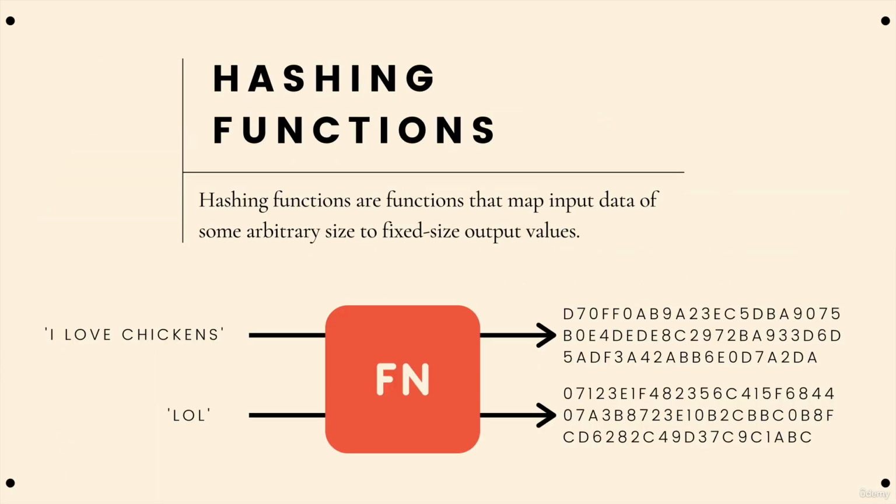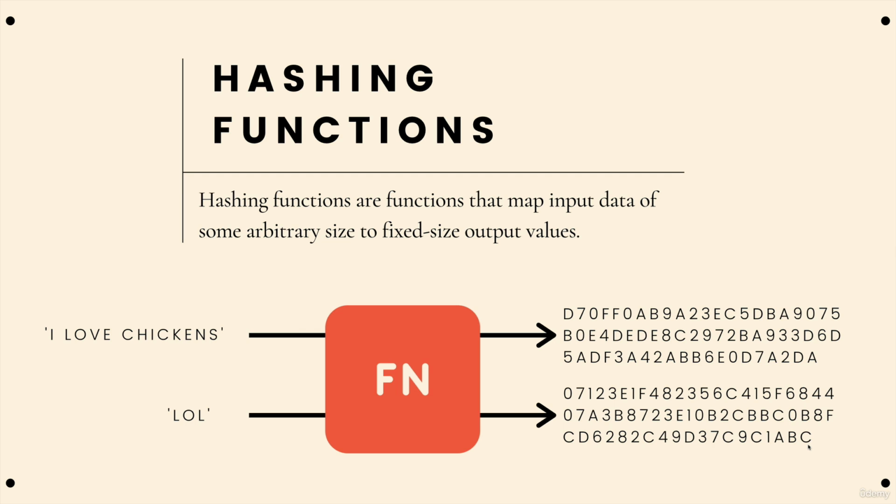Well, they're the output of something called a hashing function. Hashing functions are a family of functions that have one goal. They take inputs of arbitrary size, meaning inputs of a variable size, small, large, and then spit out outputs of a fixed size. In this example, you can see that both outputs are exactly the same length, same number of digits.